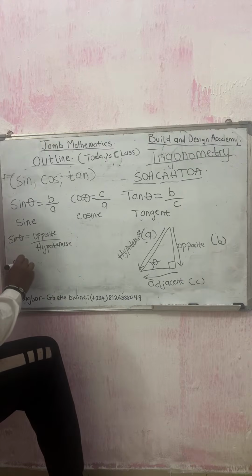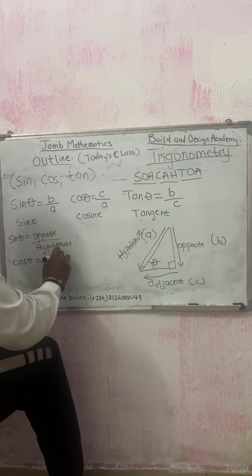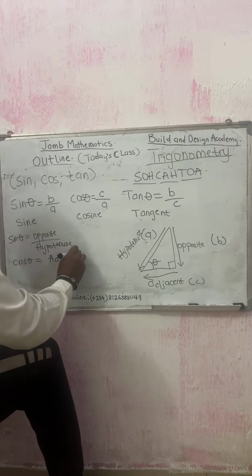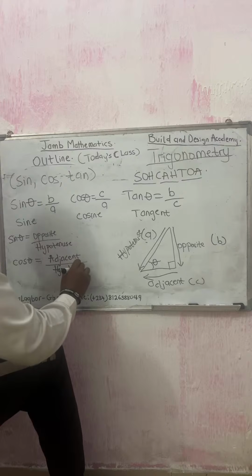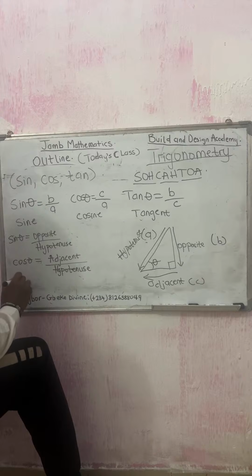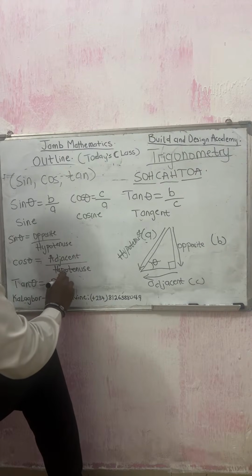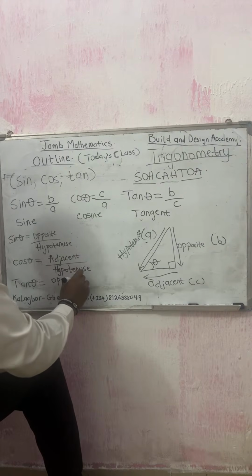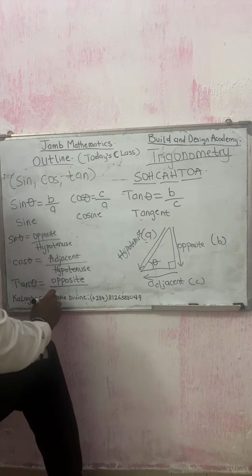Cos theta is adjacent over what? Hypotenuse. And tan theta is what? Opposite. I have that tan theta is what? Opposite over adjacent.